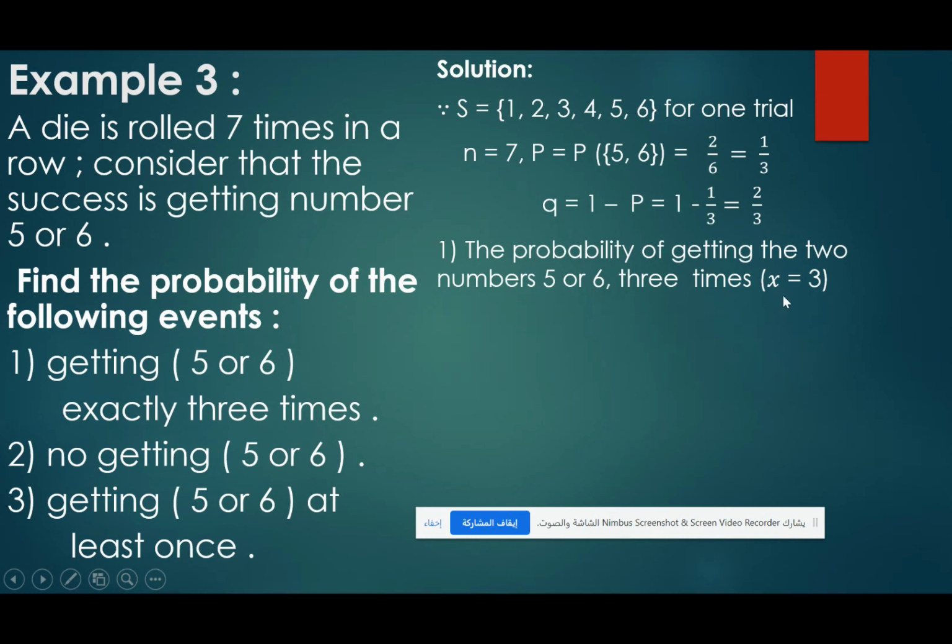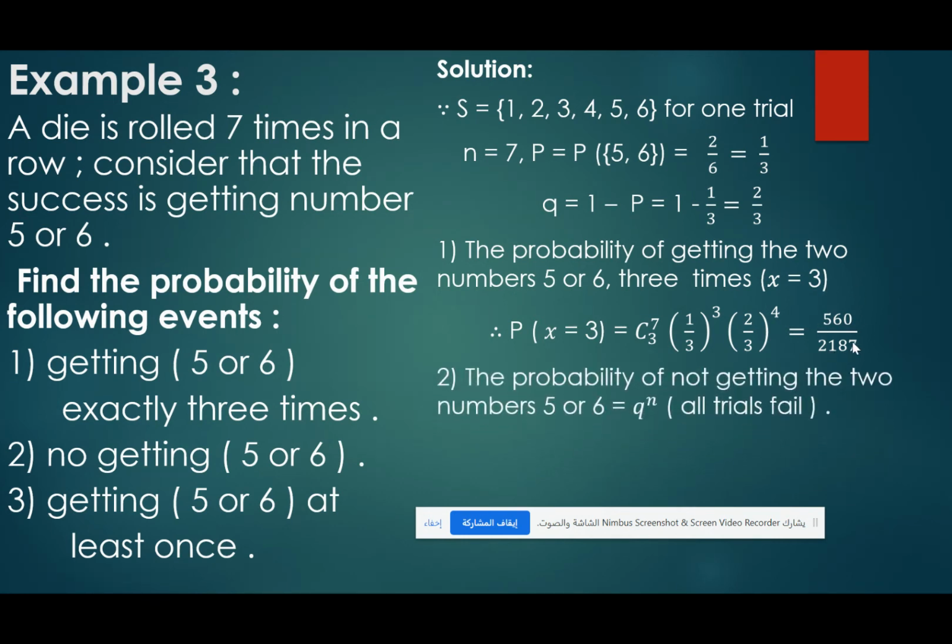That means x should be equal to 3, and you can use the rule exactly like that. 7 combination 3, 1 over 3, which is p, to the power of 3, which is the value of x. And the probability of fail is 2 over 3 to the power of the difference between 7 and 3, which is 4. After you evaluate these fractions, you will get 560 divided by 2187. Remember that the numerator should be smaller than the denominator.